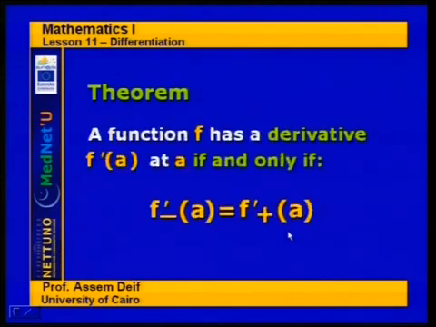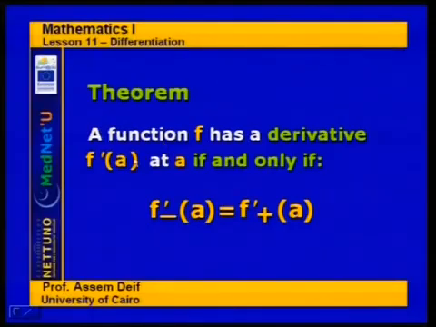Therefore, now we have this theorem. Here what we have done is that actually we try to obtain f prime positive. In other words, we take the limit of the difference in y over difference in x, when x tends to a from the right hand side, and we saw that if it equals the same limit when x tends to a from the left hand side, if they both exist and are equal, then actually the limit of delta y over delta x exists, and we said that the function is differentiable at x.